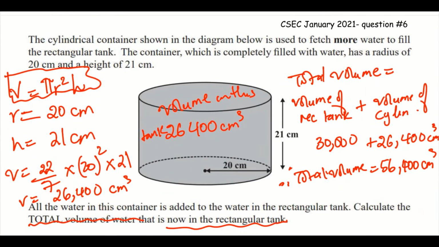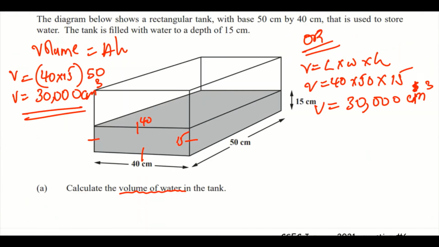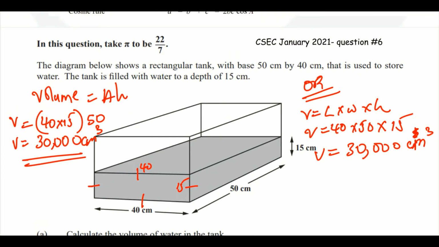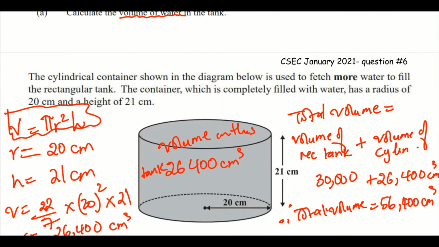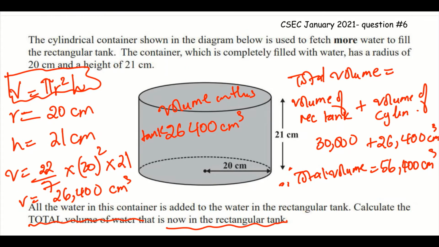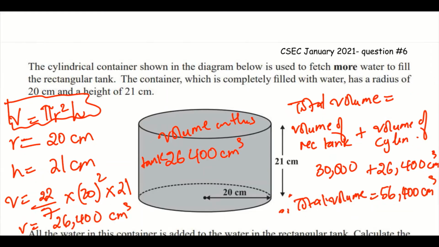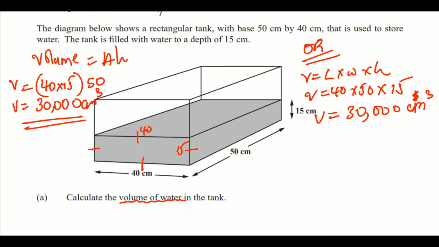Then, in the next part of the question, they explain that they use this particular tank to fetch water to fill this rectangular tank. So what they now want to find is the new height or the new depth of the water after they have added this amount of water into this rectangular tank.